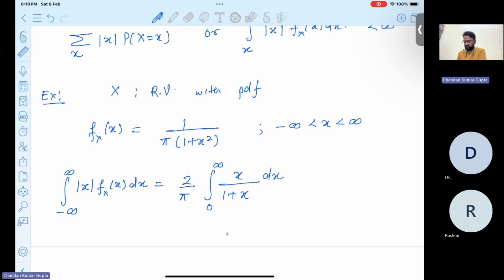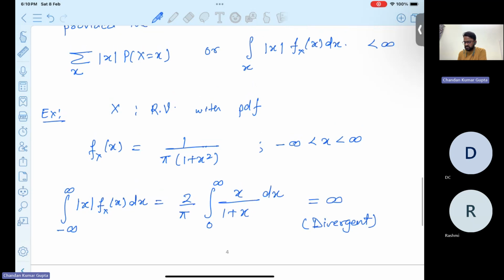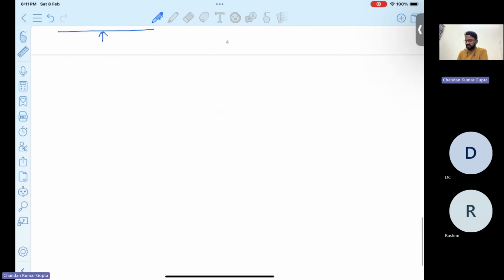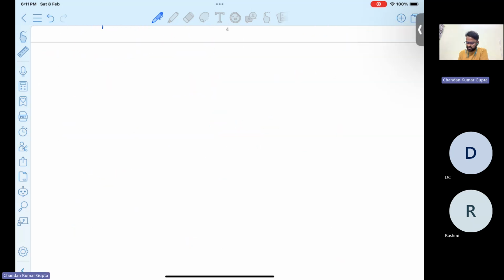And everyone knows this is not convergent; it is divergent. Since we are not able to find a finite value for this quantity, we are not able to calculate the expected value of the random variable defined here. So for this PDF, we are not able to calculate the expectation of X. In a similar manner, we can take another example.